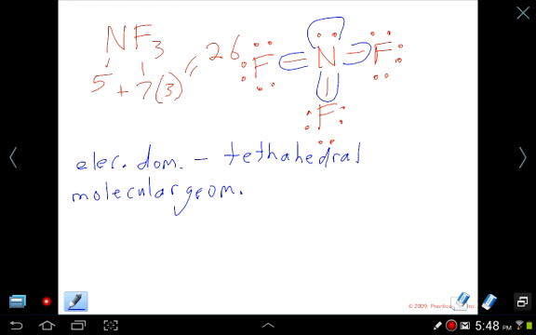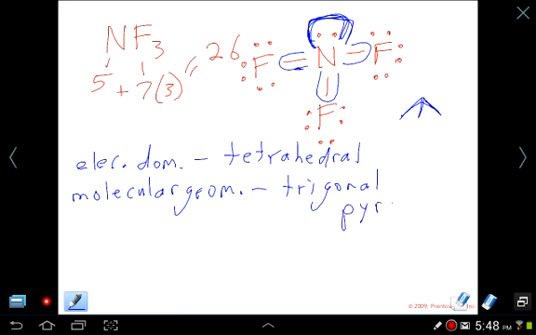And then since 3 of them are bonding and 1 is non-bonding, this one you can think pushes the rest of these down, creating essentially this sort of shape. And that is called, if you remember, trigonal pyramidal. That's a trigonal pyramidal arrangement. So this is not an expanded octet. You have 8 electrons around nitrogen, not more than 8. Let's do the same thing with the next one.